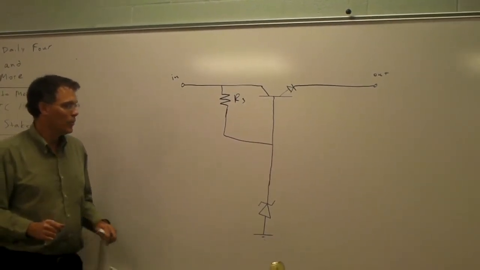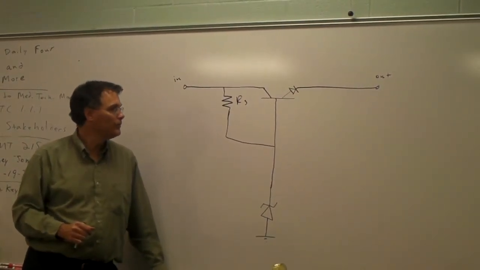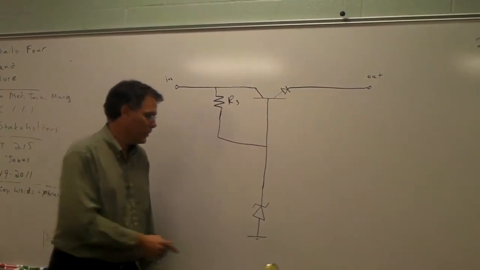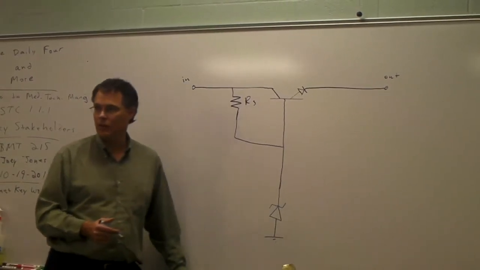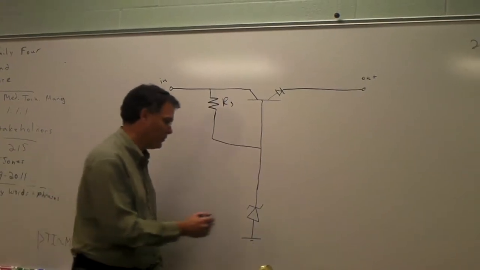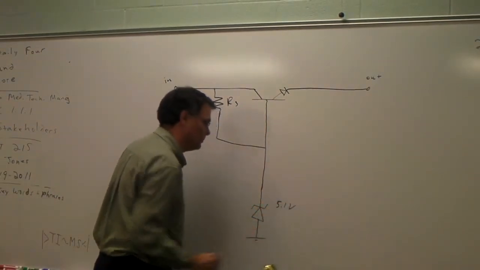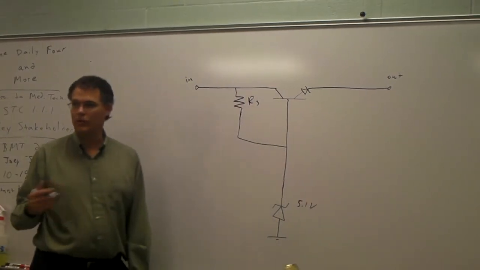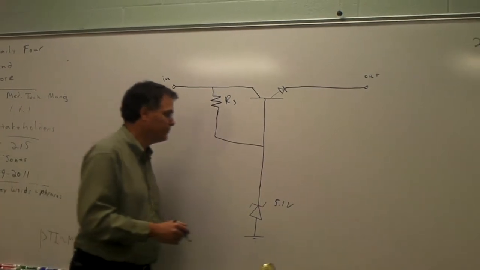This is a pretty simplistic circuit both in design and operation. This zener diode will provide a fixed voltage, and I'm just going to make up the voltages for conversational purposes. Let's say this zener diode is rated at 5.1 volts. As you all know, zener diodes come in different voltage ratings and power ratings as well.